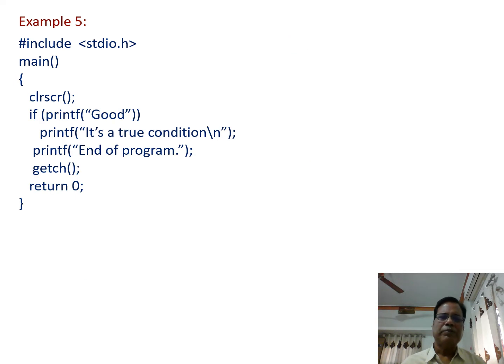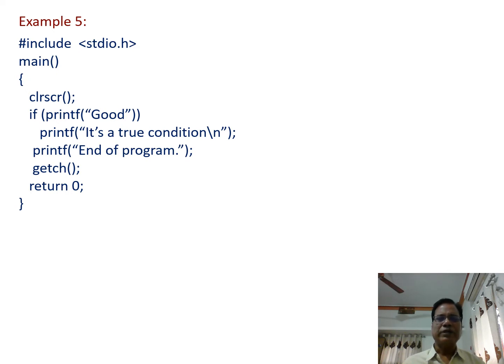Now in this example, in place of condition here, we are putting printf statement, printf within the open and close parentheses and also within quotation marks, good is written. So what would be the output of this one? That decides whether condition is true or not. So this printf function returns a value, or every function returns a value.